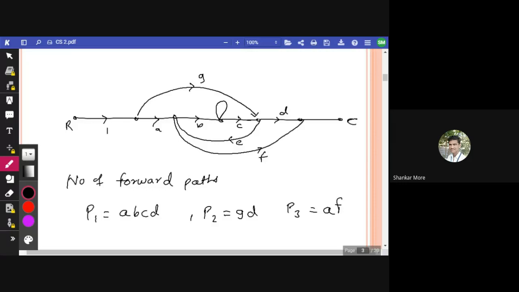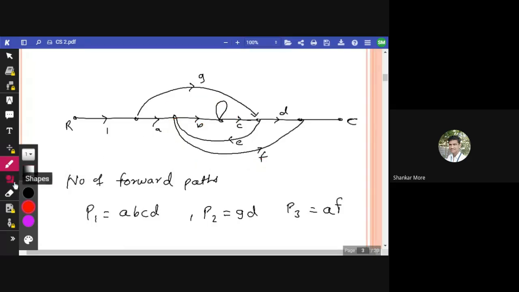See, what did I say? A forward path should be such that no node is repeated. So if you see, I go from this to this and this, no node is being repeated here. So GEF is the next forward path.